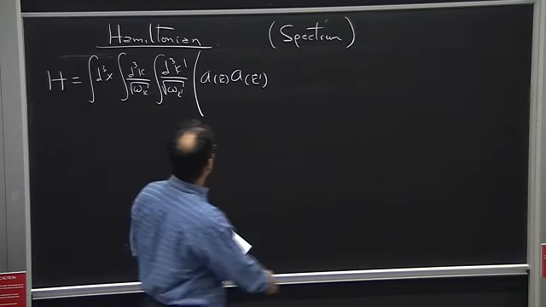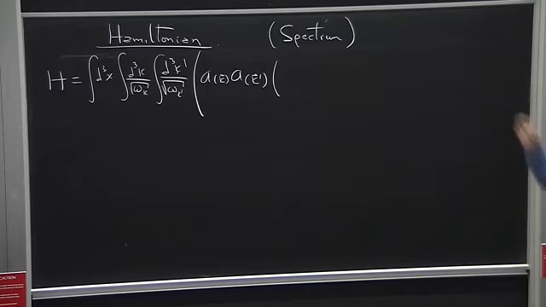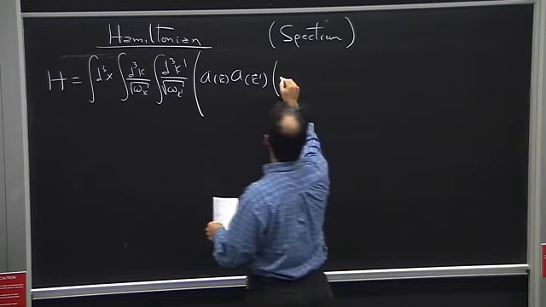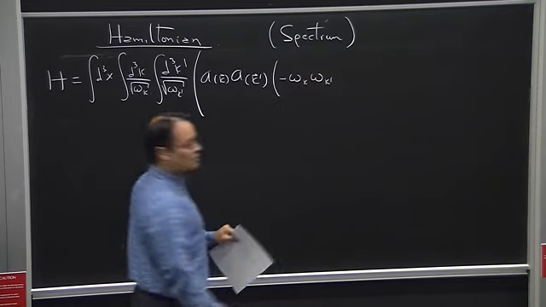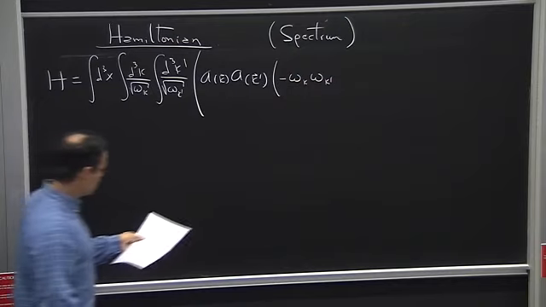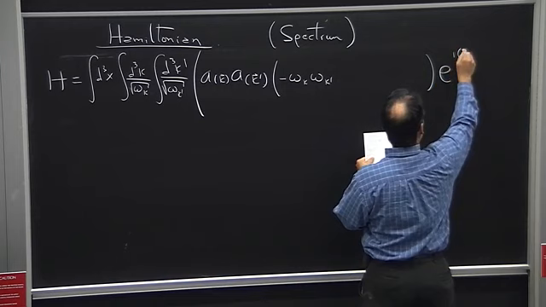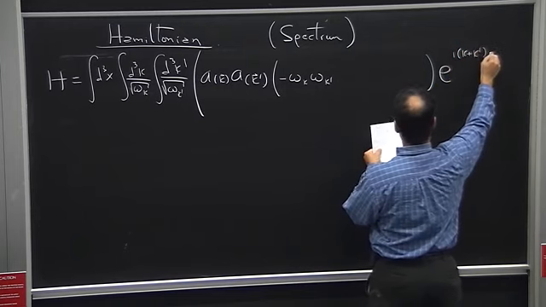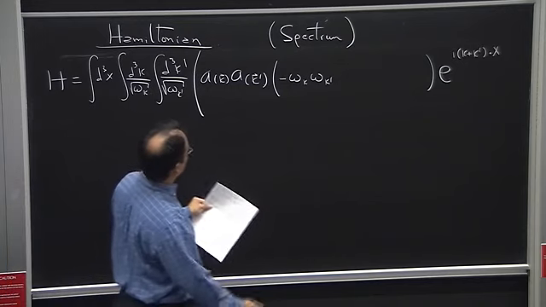What kind of things can I expect to get? So from the pi squared term, what do we get? Well, we get 2 factors of omega_k, right? So I'm going to leave the exponential at the end. What else do we get?